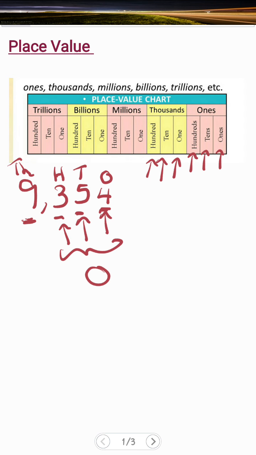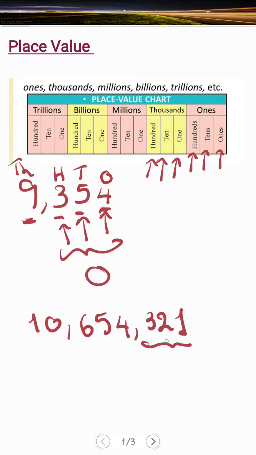So, if we have another number like this, 10,654,321, how do we read this one? As we know, the first 3 digits to the right, this is called the ones period, and here is the ones, tens, and hundreds.